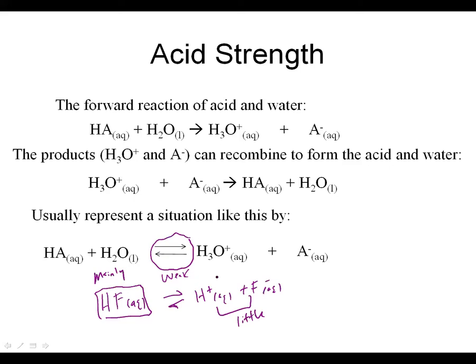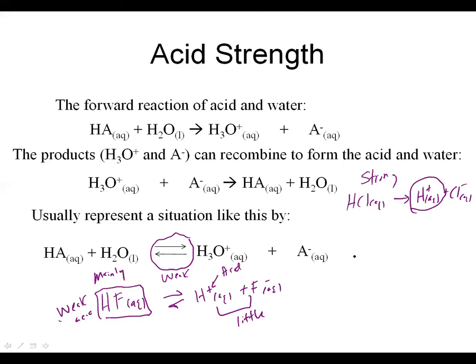So since it's able to still produce H plus, it's still considered an acid, but it's a much weaker acid than something like hydrochloric acid, which essentially just needs to go for a swim and is going to produce all H pluses, a lot of free H pluses. So it's a much stronger acid over here as opposed to this, which would be a weak acid.